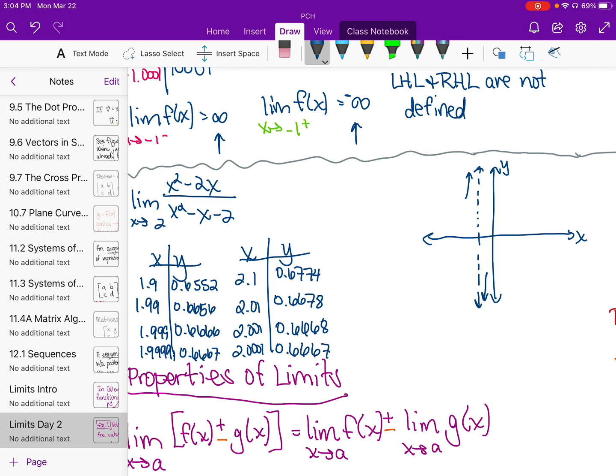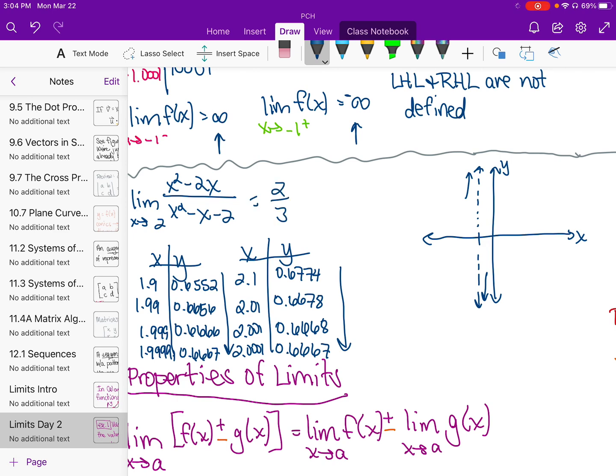So the question is, what does it look like as the x's are approaching 2 from either direction? What does it look like the y is approaching? Hopefully you recognize this number. What is that getting really close to? Well, that's getting really close to 2/3.